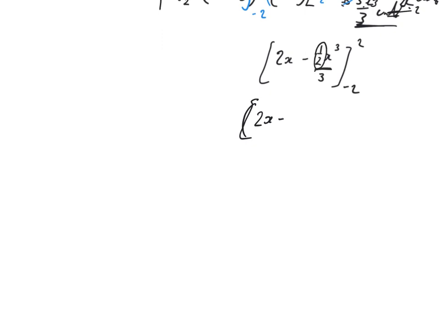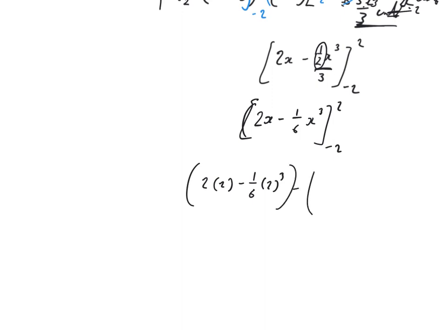If you get half and you divide into 3 bits, each bit is a sixth. X cubed between 2 and minus 2, and I'm ready to sub things in now. So it's 2 lots of 2 minus 1/6 of 2 cubed, close the bracket, minus open up, 2 lots of minus 2 minus 1/6 of minus 2 cubed, close the bracket.